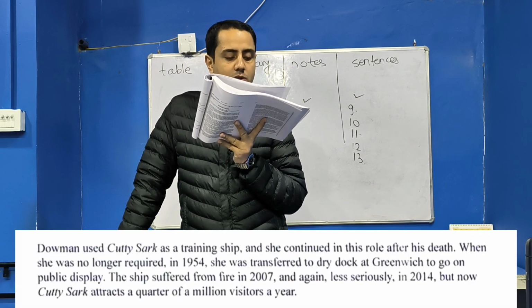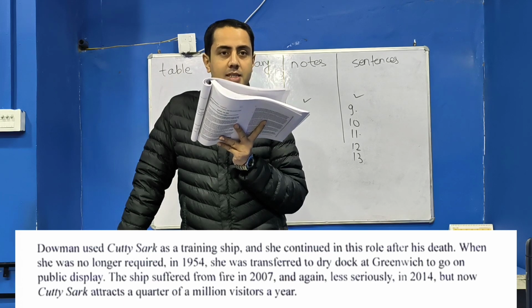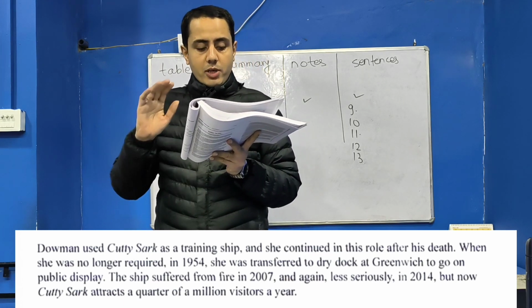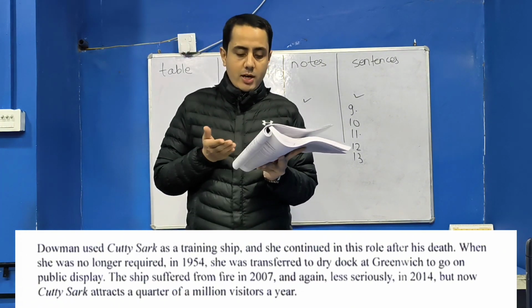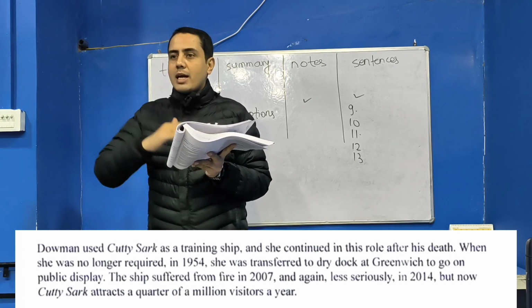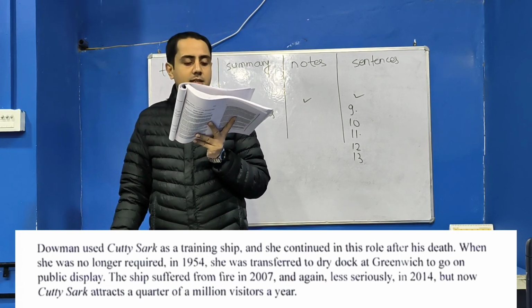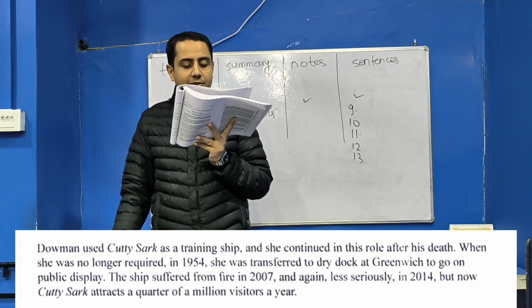When she was no longer required in 1954, means in 1954, she was transferred to dry dock. The question is before 1954, not in 1954. Look at the question. Between this and this means not in that year, before that year. Let's read the earlier sentence. Dowman used Cutty Sark as a training ship, and she continued this role after his death.